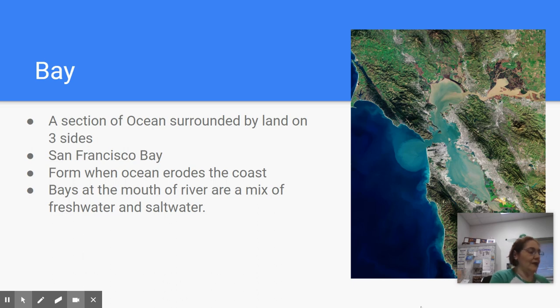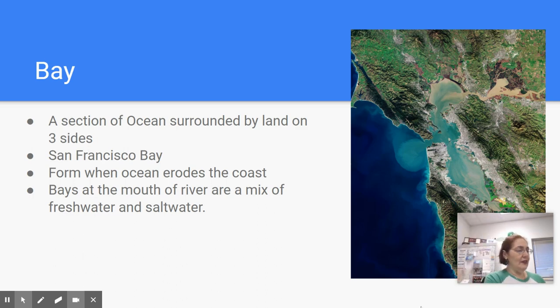Because bays actually are a mixture of both fresh and salt water, usually because a bay has some sort of river flowing into it as well. So that's why you have a mixture of salt water and fresh water.